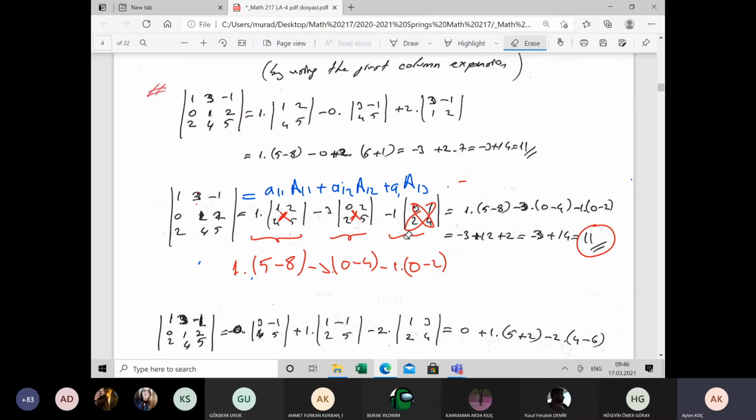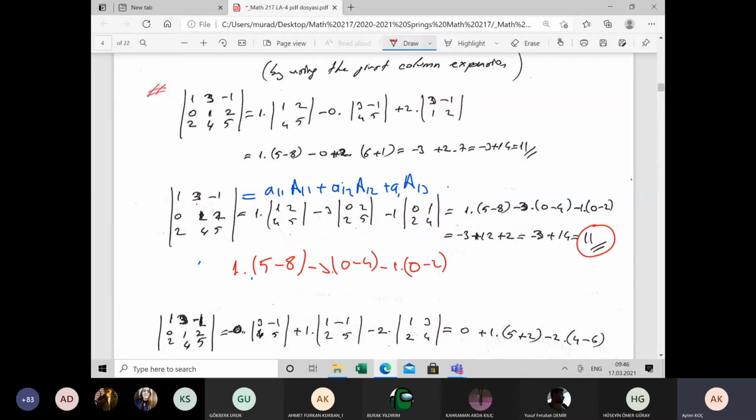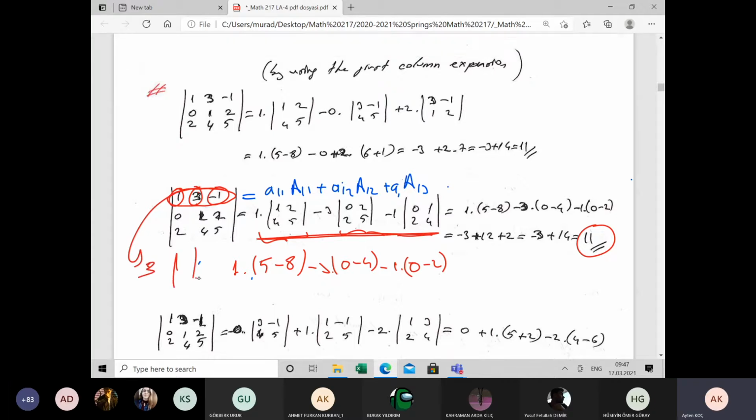For example, the first row contains three non-zero entries, 1, 3, minus 1, so we obtain three 2 by 2 determinants. But take the same determinant and choose, for example, a different row.